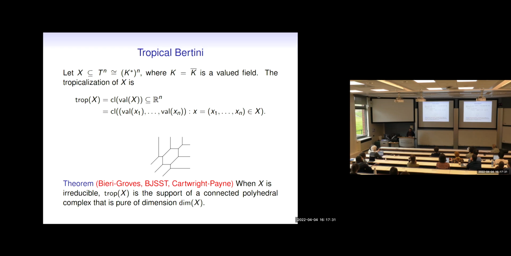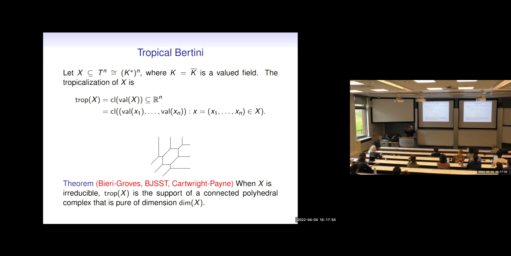And then there's more work on this by BJSST, which is Bogart, Jensen, Speyer, Sturmfels, Thomas, and then Cartwright and Payne. They say, if I start with an irreducible variety, then the tropical variety is the support of a connected polyhedral complex that has the same dimension as X.